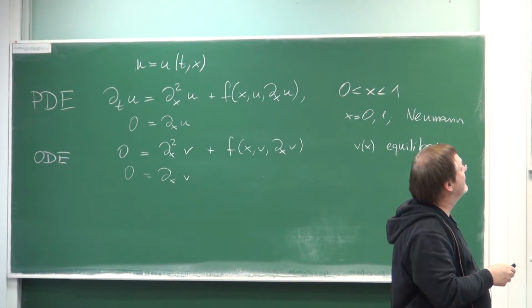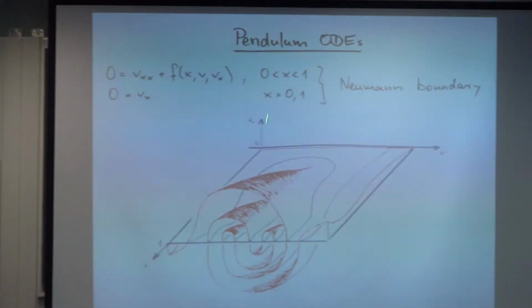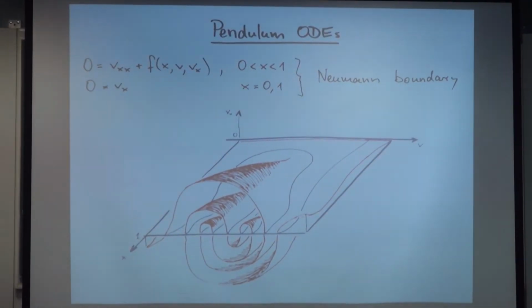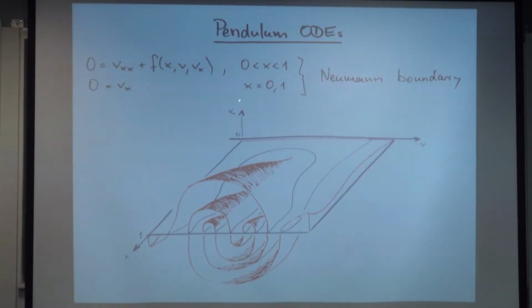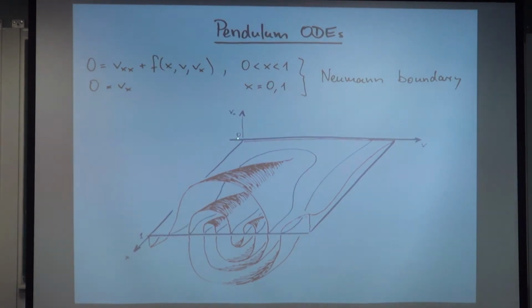I solve the boundary condition at x equals 0: x goes to the front, v goes to the right, v prime, the velocity v sub x, goes to the top. We start with v_x equals 0, that's just the v axis. We have solved the boundary condition at x equals 0, wonderful. Let us propagate forward by just solving the differential equation, and this horizontal line will start winding around.